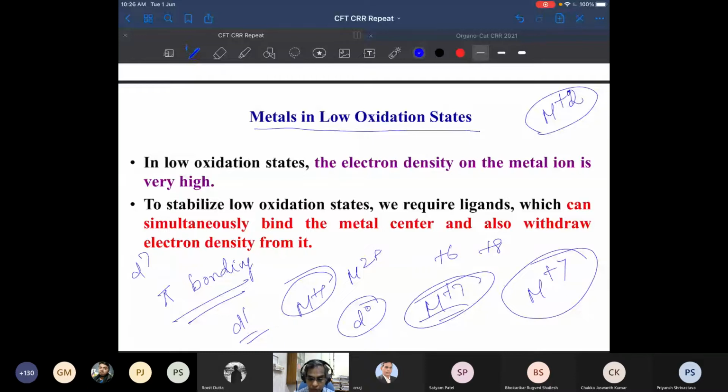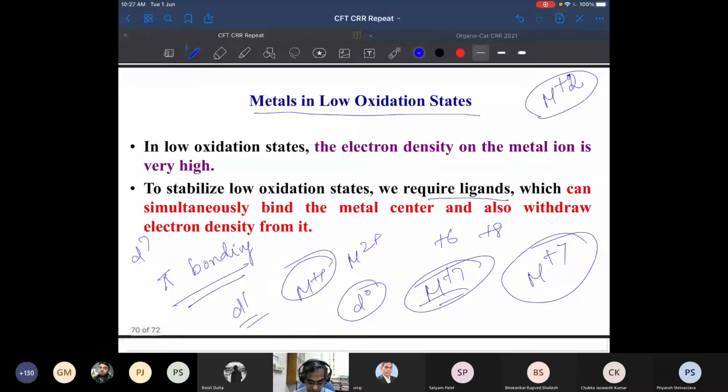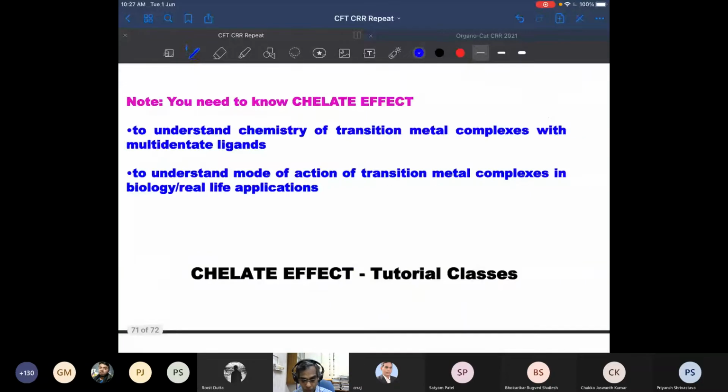One is electron rich, another one is electron poor. So stabilizing this kind of system is somewhat difficult. There, we need to bring some ligands which can stabilize this kind of metal center, either electron rich or electron poor. So that we will see. That's an entry for organometallic chemistry.